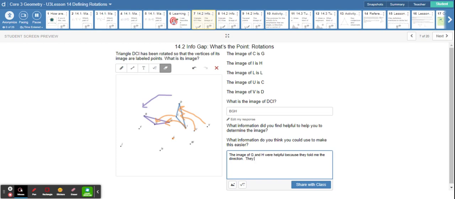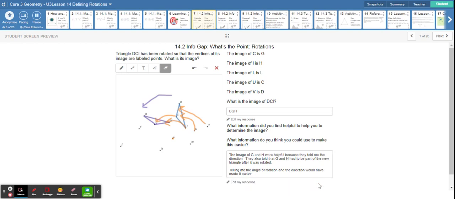They also gave me 2 of the points. They also told me that G and H had to be part of the new triangle after it was rotated. That was helpful. What would have made it easier? Telling me the angle of rotation and the direction would have made it easier.